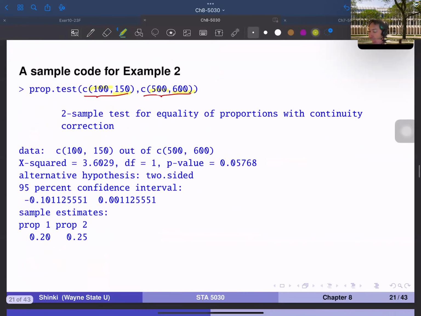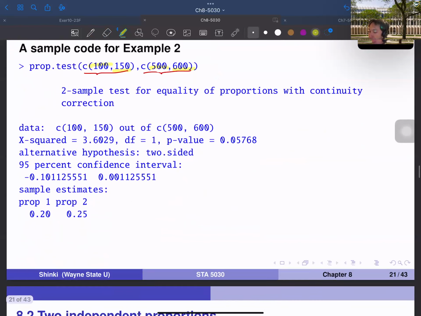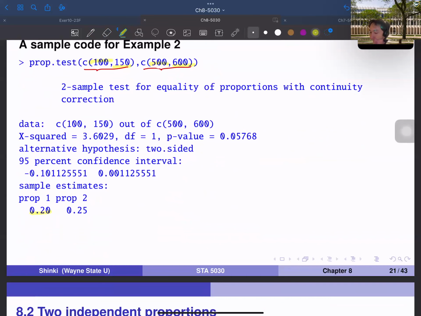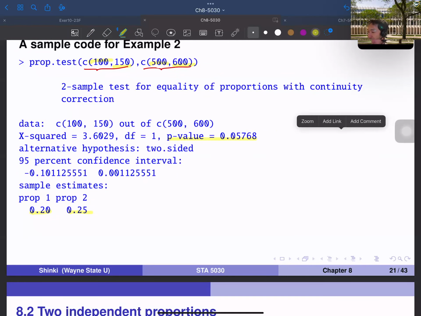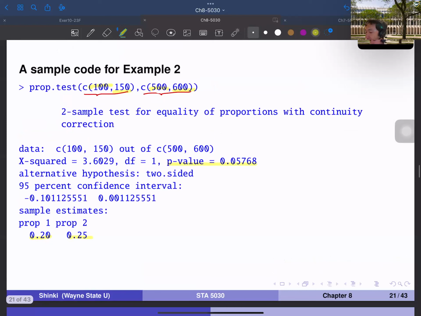So proportion 1 is 0.20, proportion 2 is 0.25, and the difference is 0.05768. In the previous case we rejected the null hypothesis, but in this R output we cannot reject the null hypothesis. The conclusion is really on the boundary.